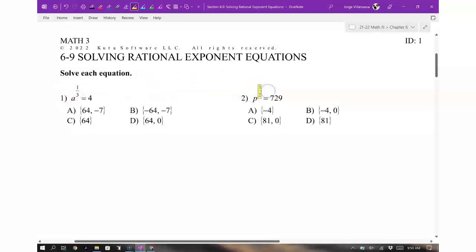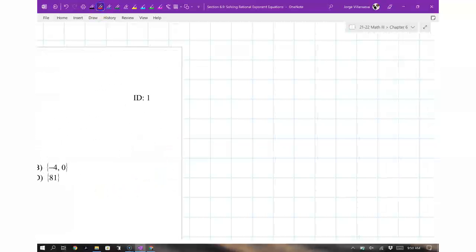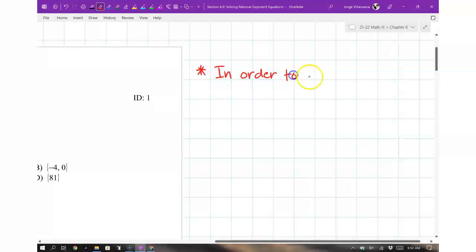So the way you get rid of fractional powers is to multiply by their reciprocals. Just to put this over here on the side, in order to get rid of a fractional power, right?